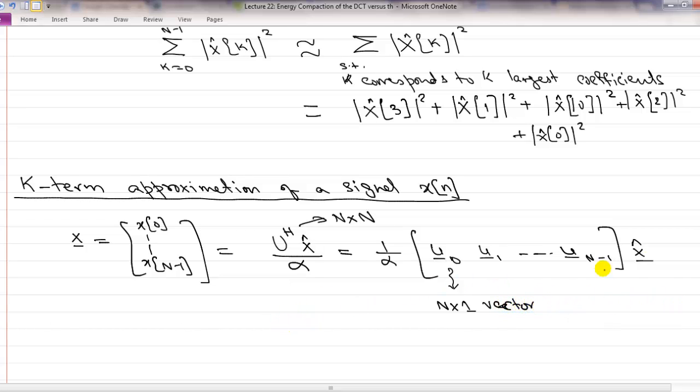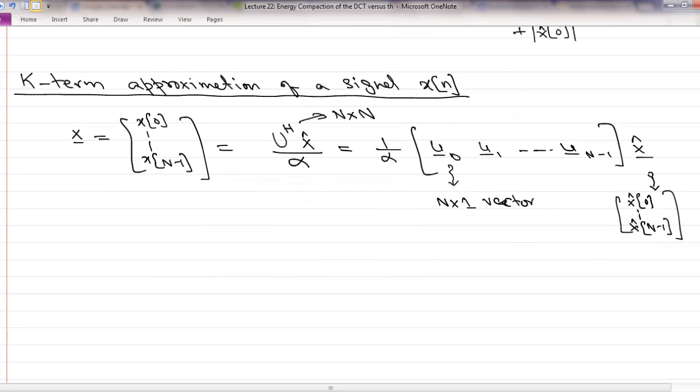If I think of it this way and I expand my x hat as x hat 0 up to x hat of n minus 1, and I think of each of these columns as nothing more than an n-dimensional signal itself.